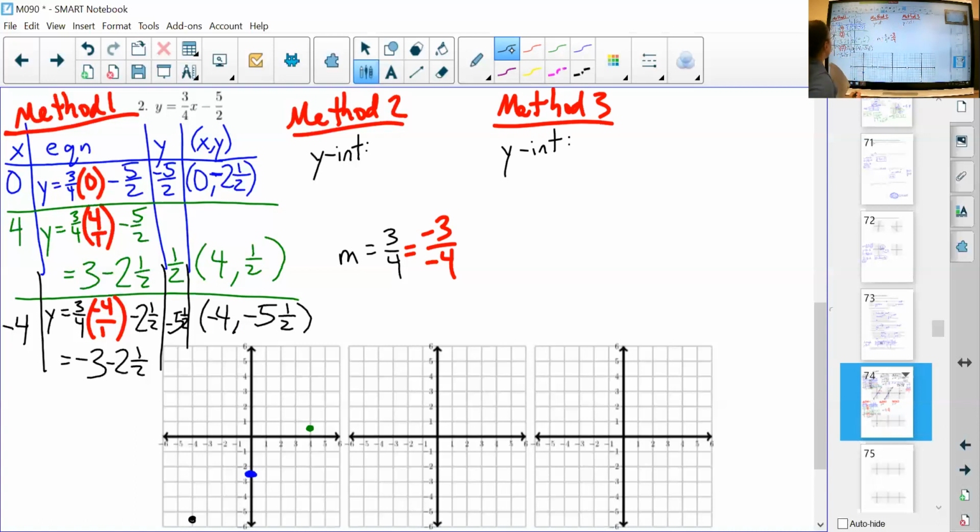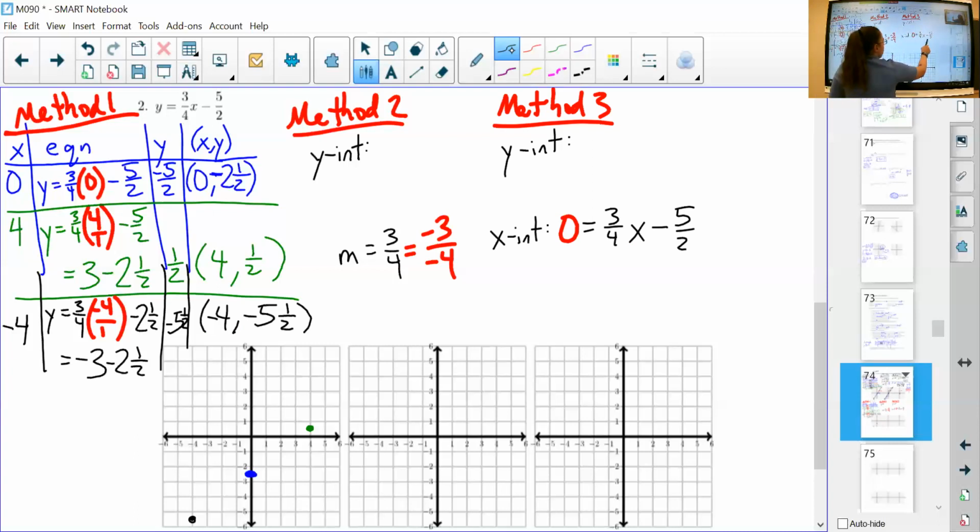Our x-intercept, you plug in y equals 0. That takes a little more work, so let's show that one. Okay, so 0 equals 3/4 x minus 5/2.